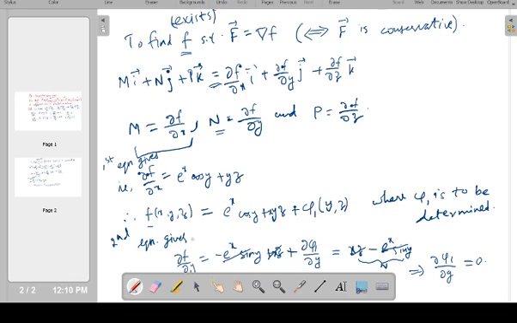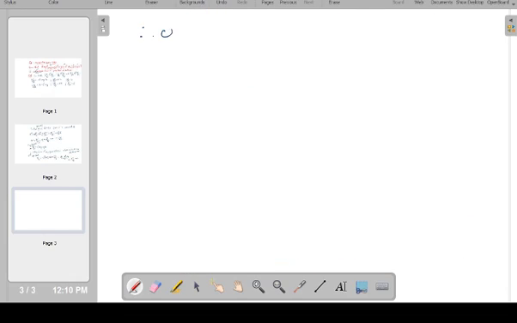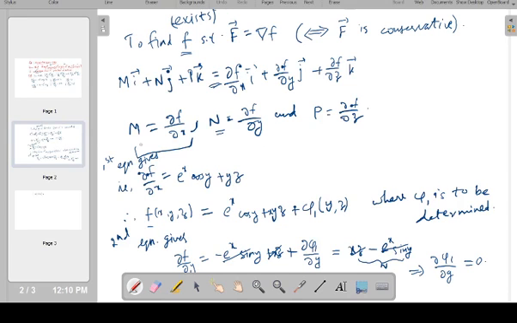So what is phi1? Therefore phi1 is independent of y. So phi1 depends on z only, because already phi1 is independent of x. Now we have shown that phi1 is independent of y also from this equation. So phi1 depends on z only.